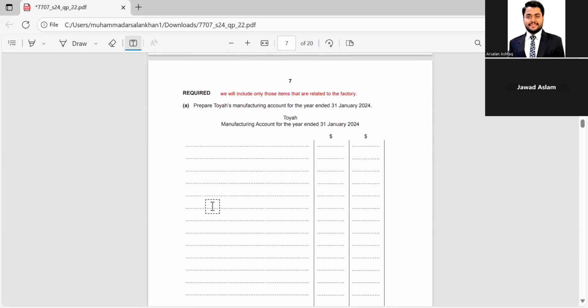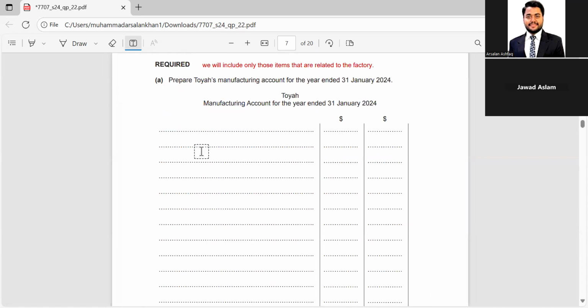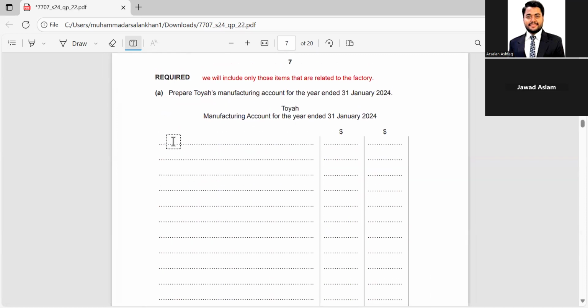So as per the format of manufacturing account, we will calculate the cost of production. To prepare the manufacturing account, we need to calculate the cost of production. So the format is, we write cost of material consumed as the heading.